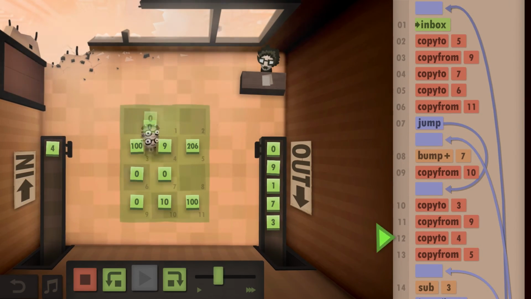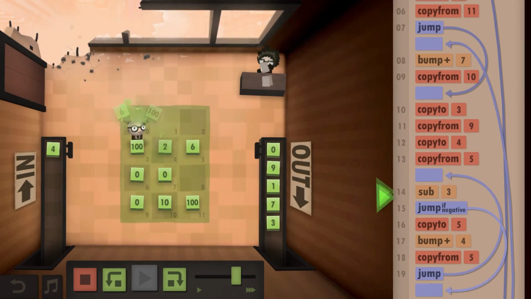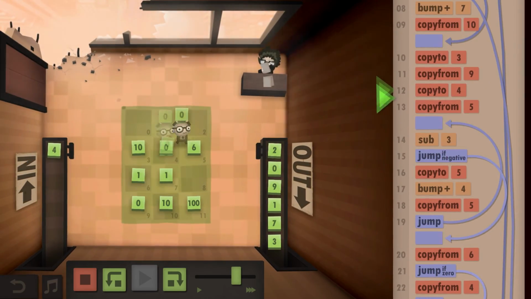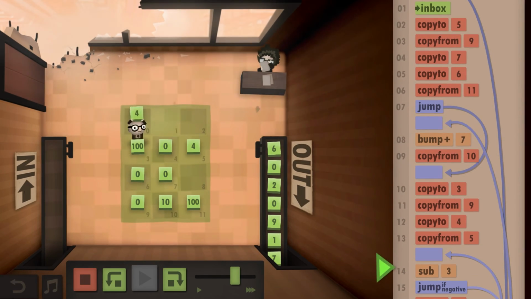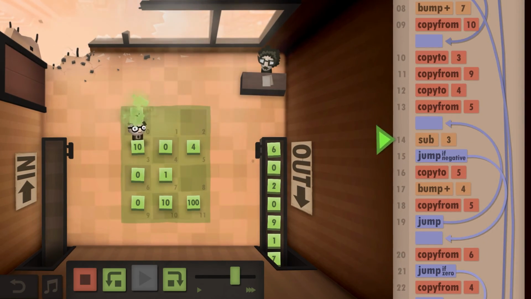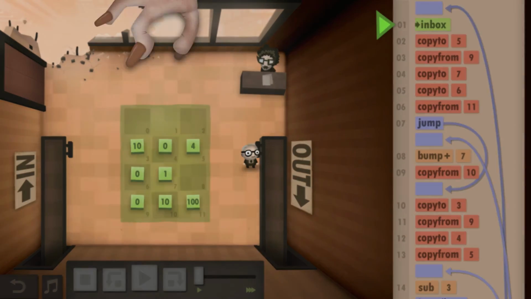And nothing left over for the ones digit. Now we're doing this for the 206 value. We got 2, 0, 6. Doing this for 4. Realize it has nothing, so we're just putting a 4. There we go.